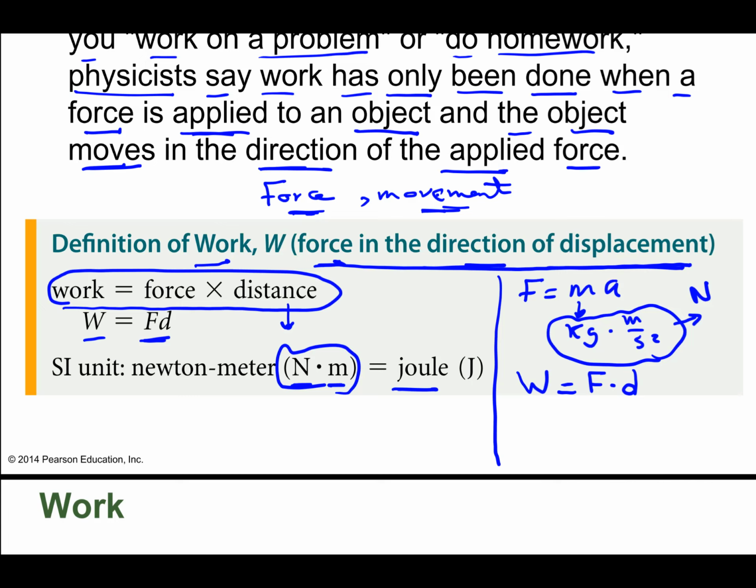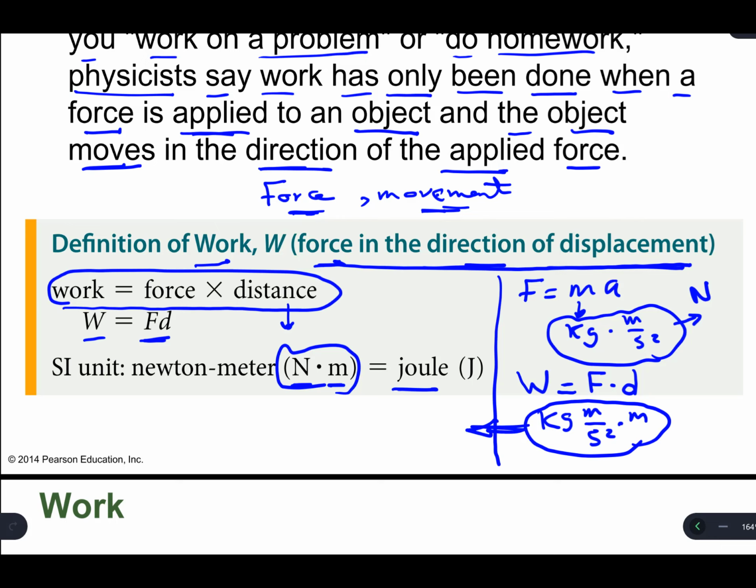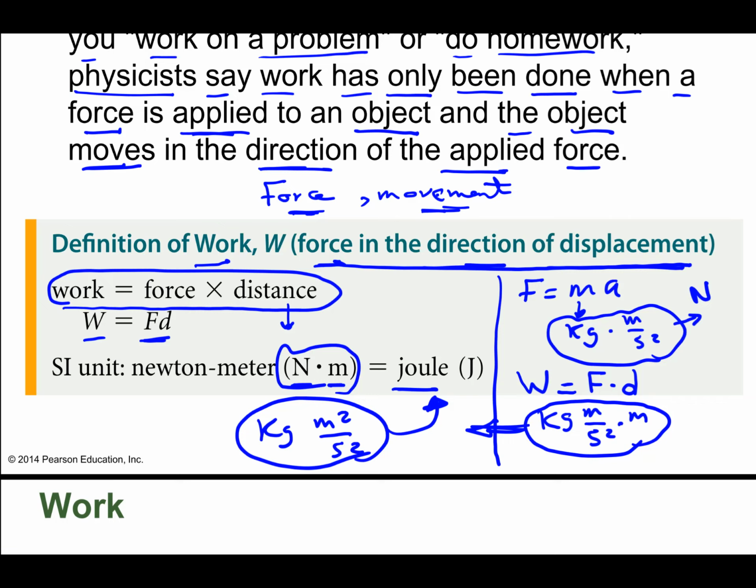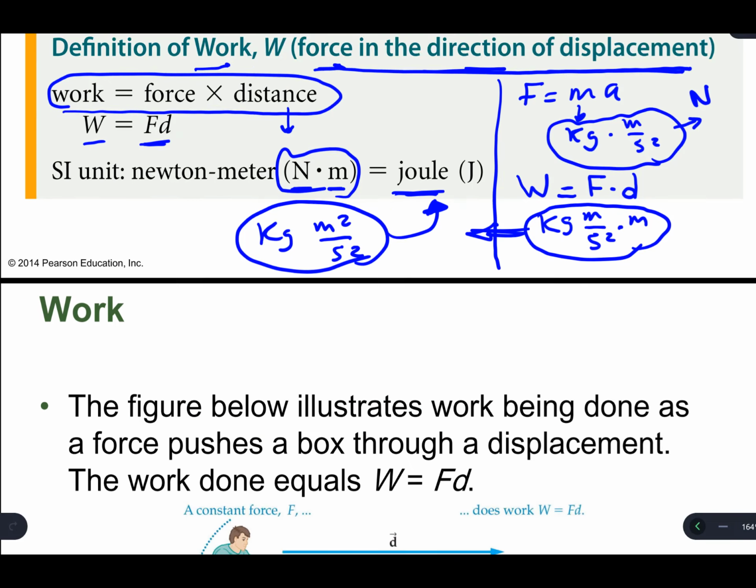So force in Newton means kilogram meter per second square times d, distance or displacement in meter. So all of that is exactly kilogram meter square over second square. That's what we call joule. So you have to know that Newton is kilogram meter per second square, and joule is kilogram meter square per second square. I hope you understand that.